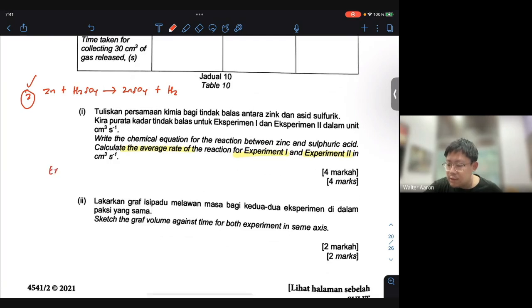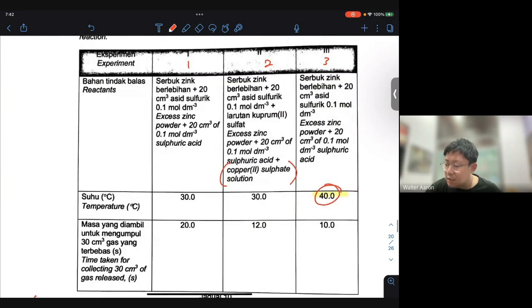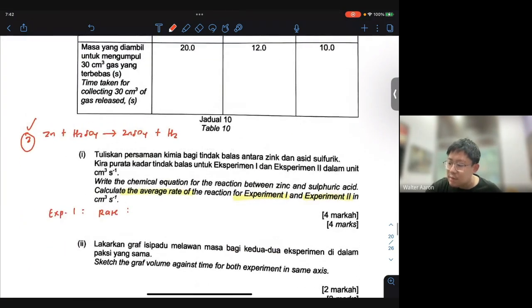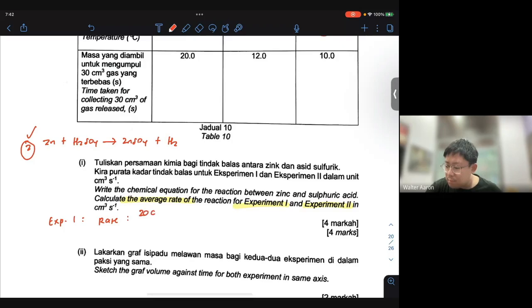So for experiment 1, rate of reaction will be 30 cm3 divided by 20 seconds. So that will be 1.5 cm3 per second. That's the answer.